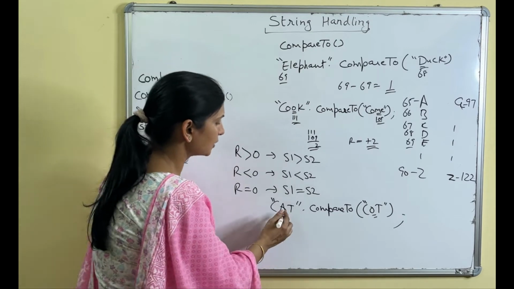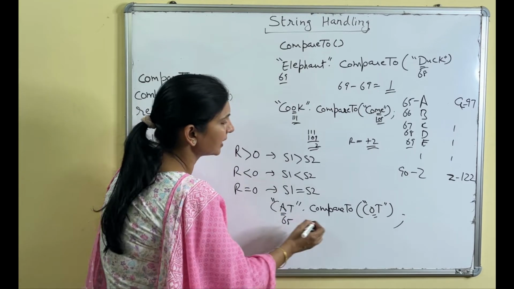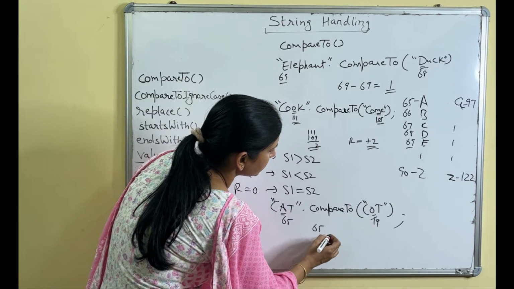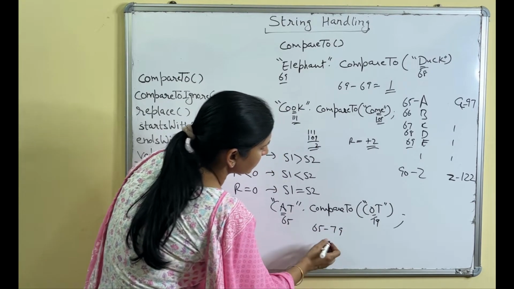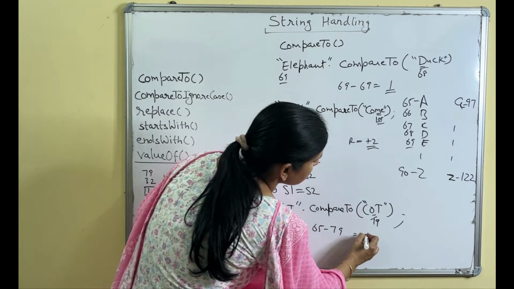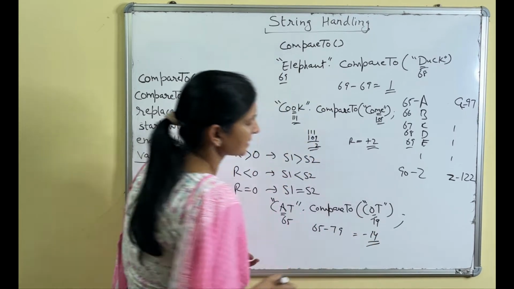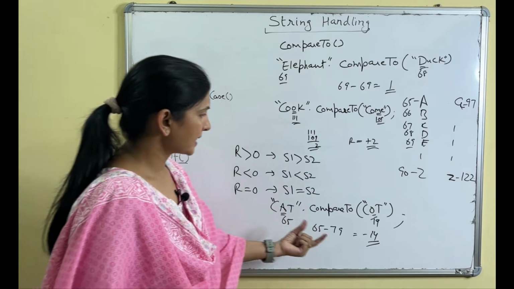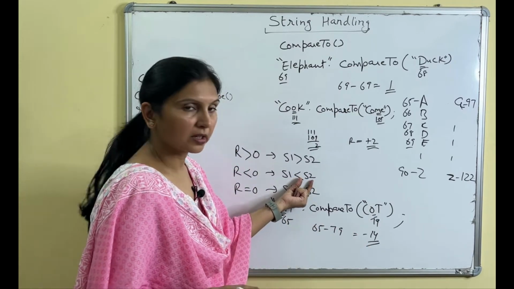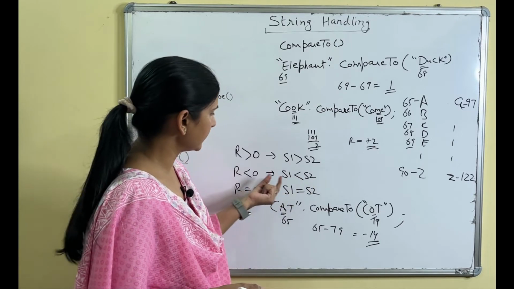What is the ASCII code of a? It is 97 and o is 111. So 97 minus 111, what will come? Minus 14, right? So minus 14 will be the result. As the result is negative, it means S1 is smaller than S2.